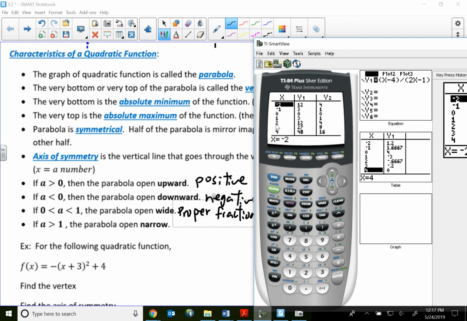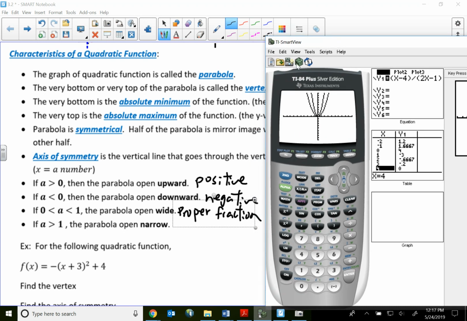But when x is equal to 2, 2 squared is 4, then that 4 times another 3 as the leading coefficient makes the y value jump so much. Therefore, it appears to open narrow. Open narrow means the y value shoots upward faster. Okay, that's what that means.